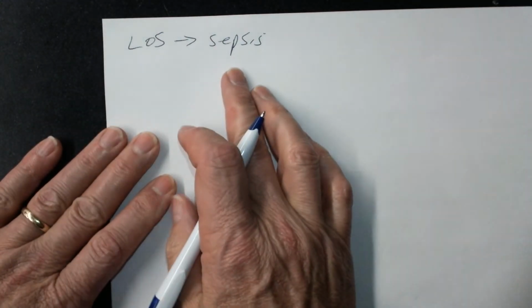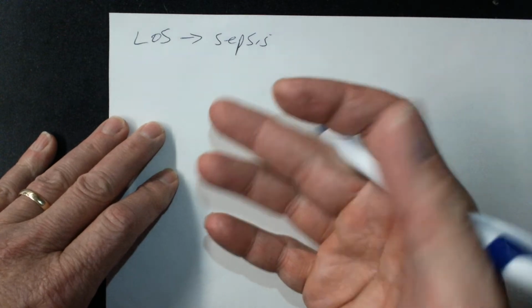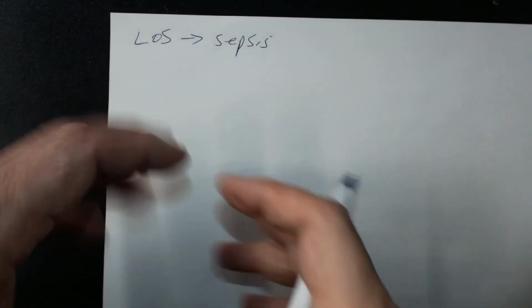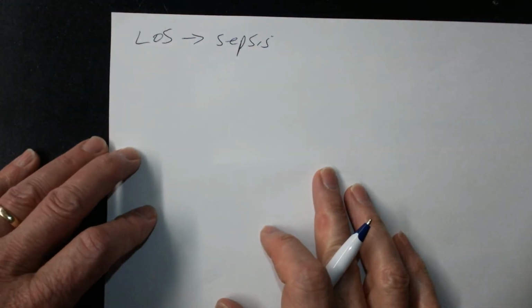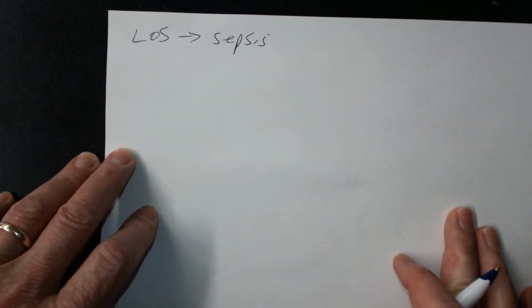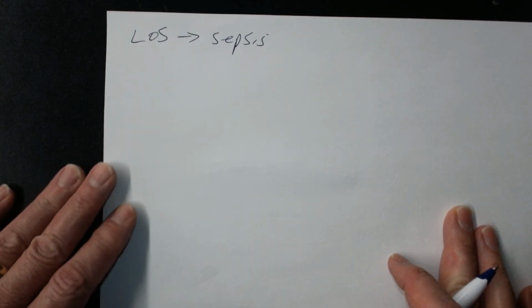So in sepsis, you will remember the blood pressure crashes. You have this massive vasodilation. You can't perfuse your tissues very well, and you start going into end organ damage.